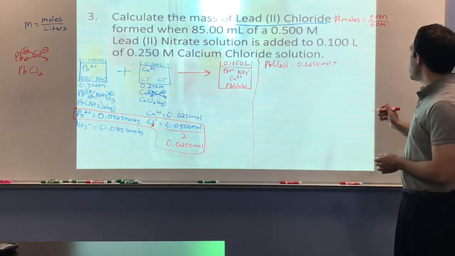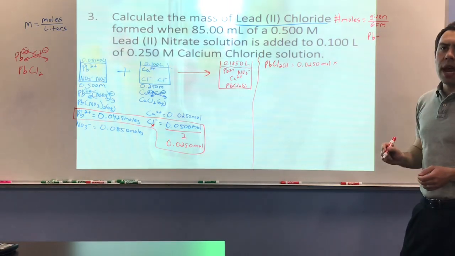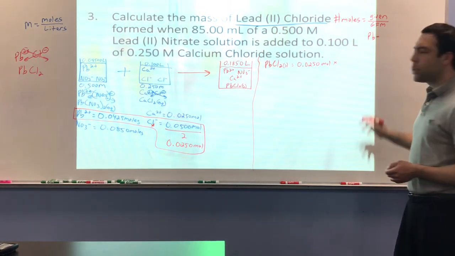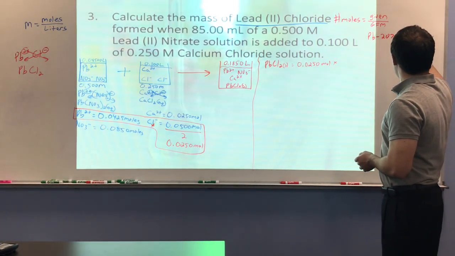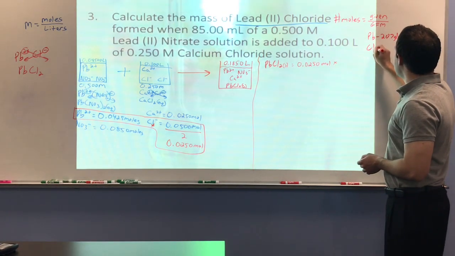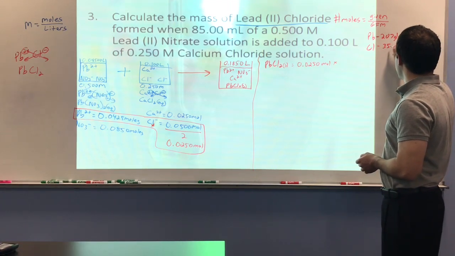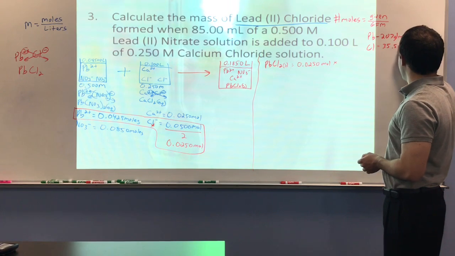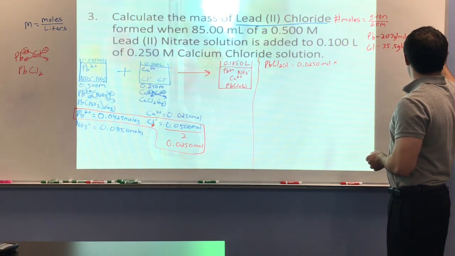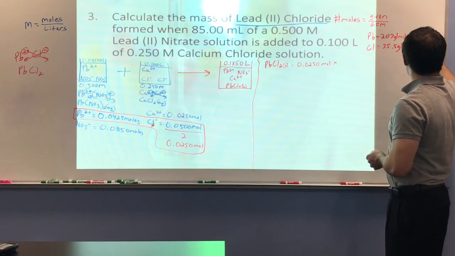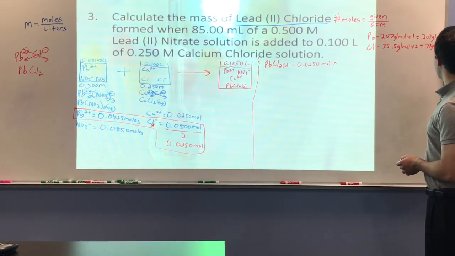First, we have to find the GFM. Lead has a mass on the periodic table of 207 grams per mole times 1. Cl has a mass of 35.5 grams per mole times 2, which is 71 grams per mole. 207 times 1 is 207 grams per mole.